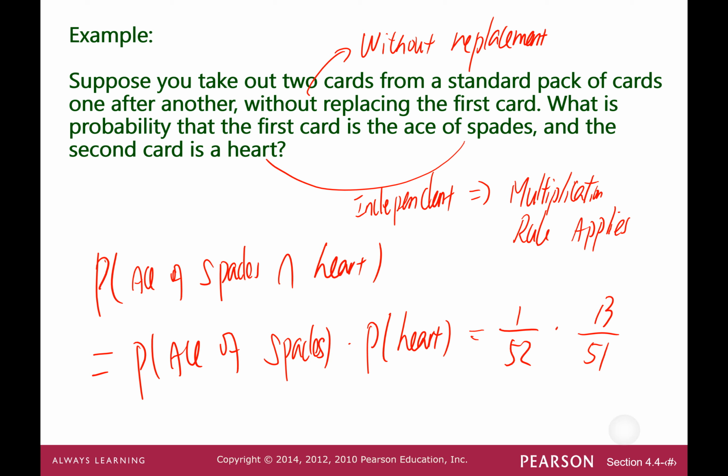So the probability is 13 over 51, and we can reduce it. 13 goes into 52 four times. So it's going to be 1 over 204. The probability is 1 over 204 as the exact fraction.